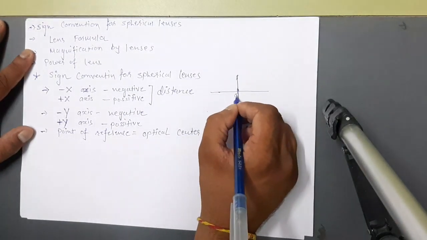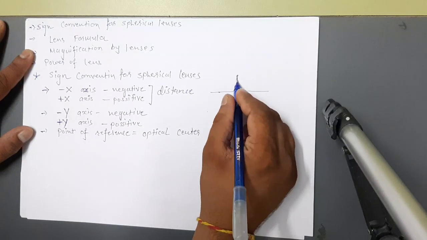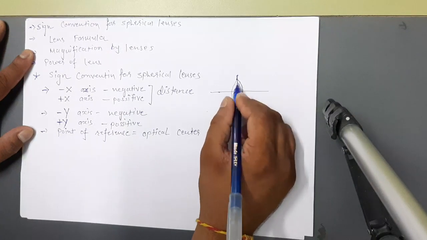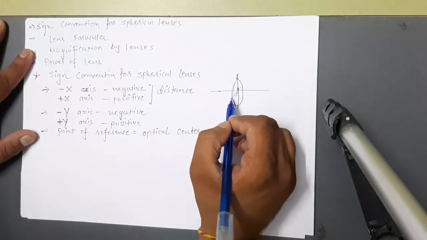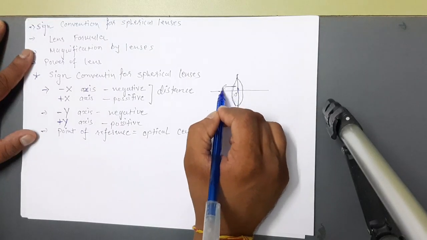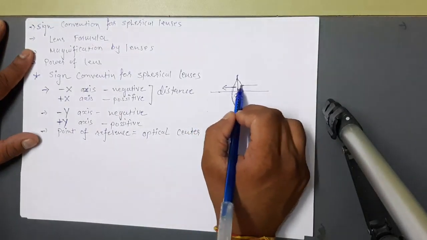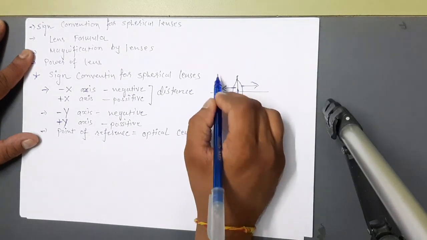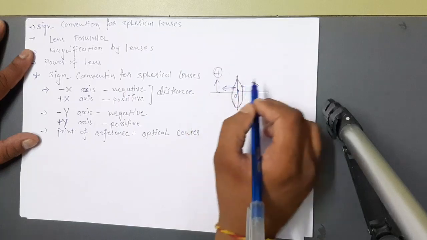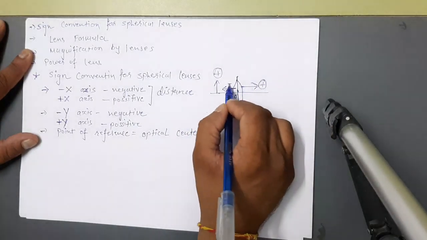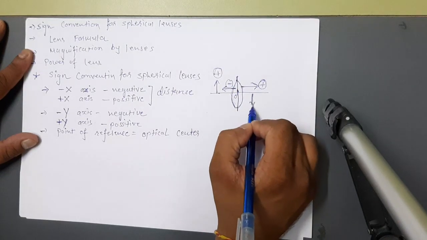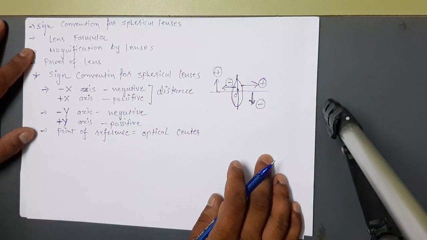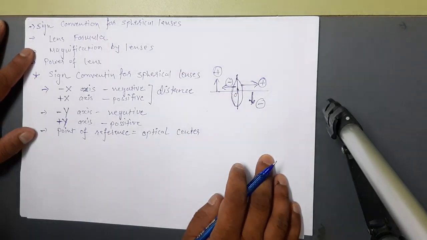When we place our lens like this, we find the Cartesian sign convention accordingly. If it is in this direction, it will be minus. If it is in the right direction, it will be plus. If it is above the principal axis, it will be positive, and if it is below the principal axis, it will be negative. So the sign convention is the same as we studied in mirrors.